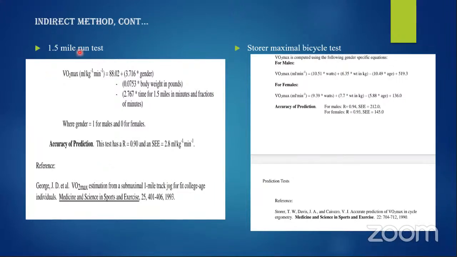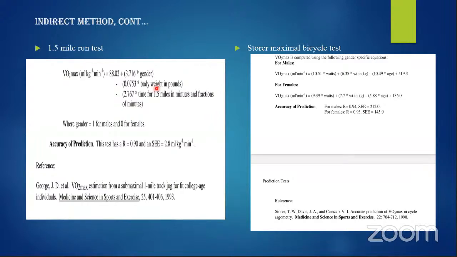So 1 kg of body weight is equal to 2.2 pounds. Consider your weight is 55 kgs, then 55 into 2.2 will be the weight in pounds, minus 2.767 multiplied by time taken. So this is the formula for the 1 mile run test. The reliability of this test is 0.90. And this is my reference for the formula.